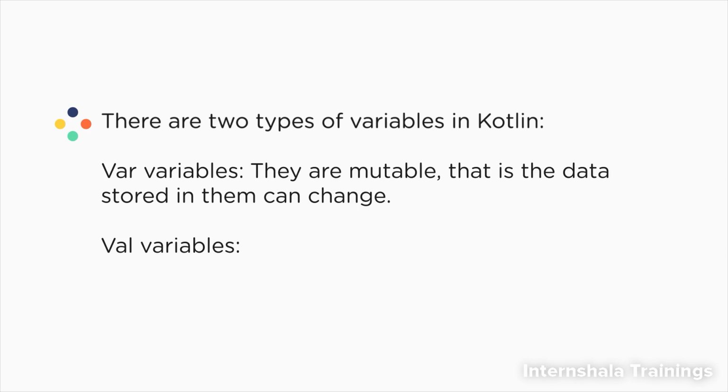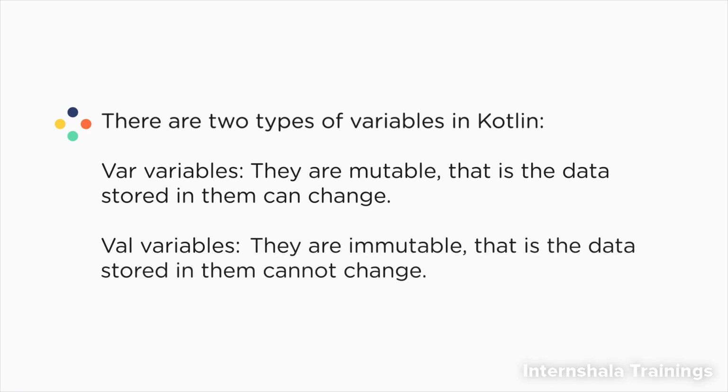So, the contents of a var variable can be reassigned. However, variables with keyword val cannot change the value stored in them. Once a value is assigned to a val variable, it cannot be changed. So, we can say that the contents of a val variable cannot be reassigned. So, we can say that var variables are mutable while val variables are immutable.